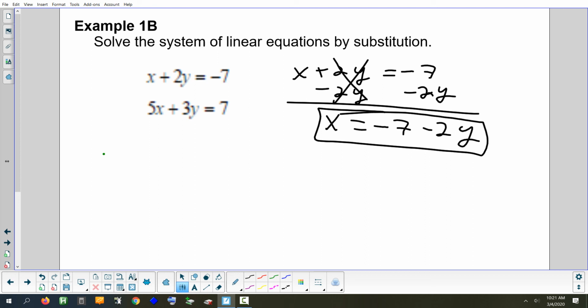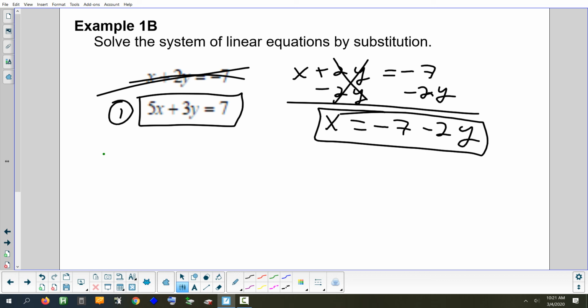I'm going to use that, and I'm going to use that. Forget about this. That's gone. We rearranged it. We're never going to use that again for the rest of this problem. We're going to use that and that. Okay? So now we're ready to set it up and plug in. In equation 2, where do I put parentheses?